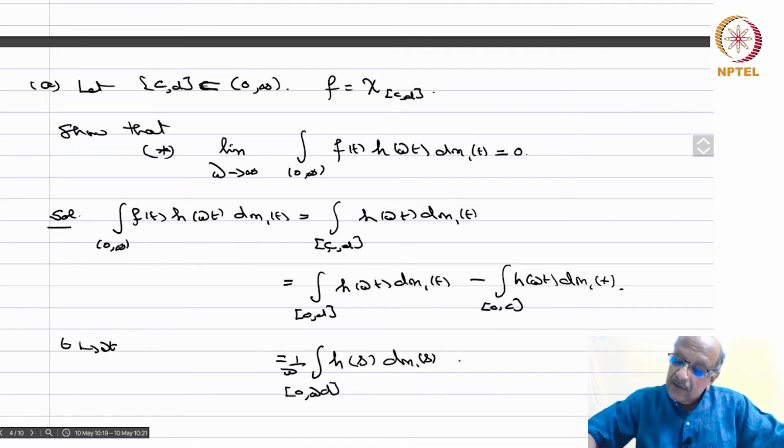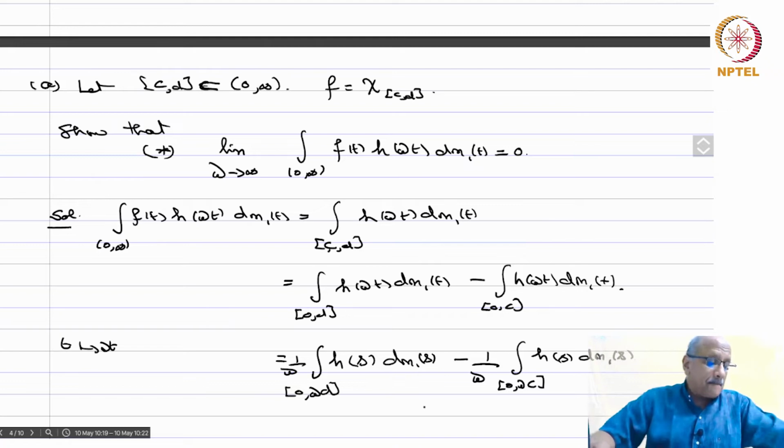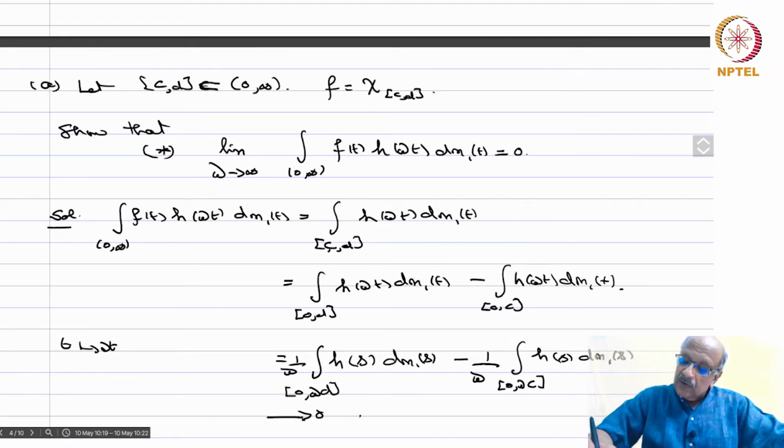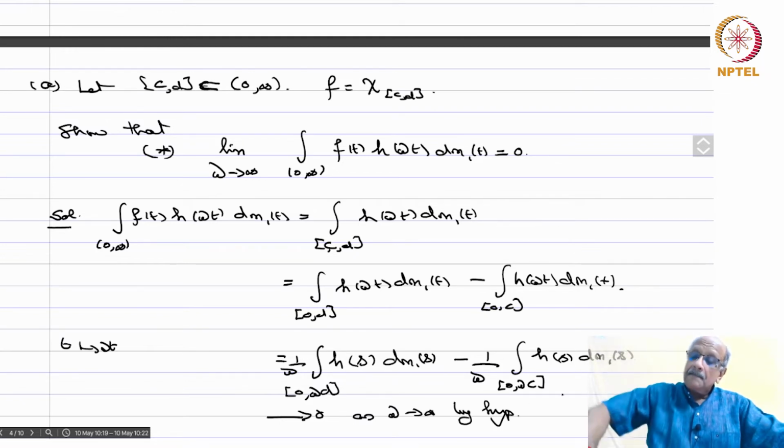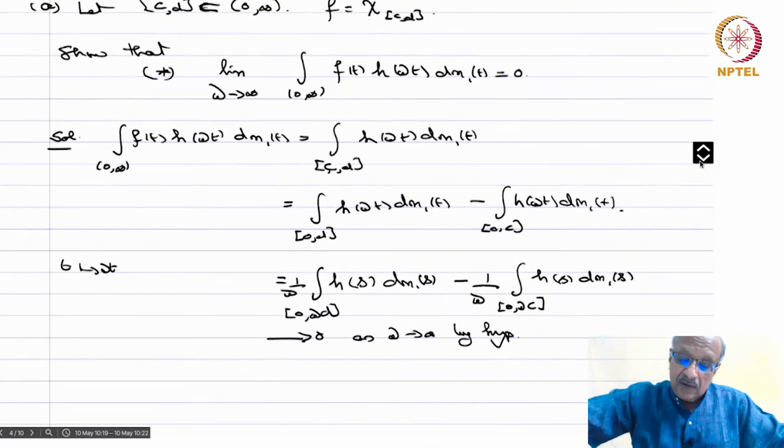Okay, and similarly this will be minus 1 over ω times the integral from 0 to ωc of h(s) dm1(s). And then we know that this goes to 0 as ω tends to infinity by hypothesis. Okay, so that is the solution.